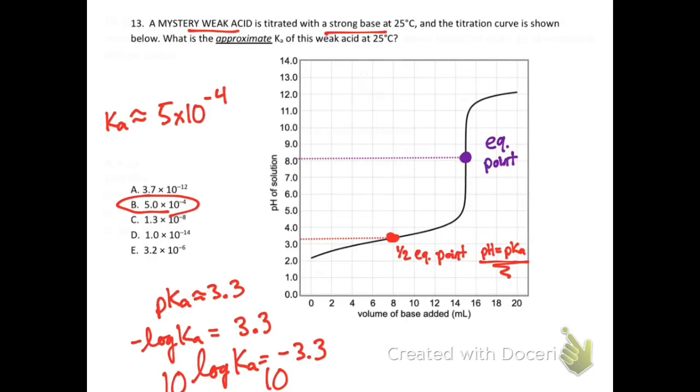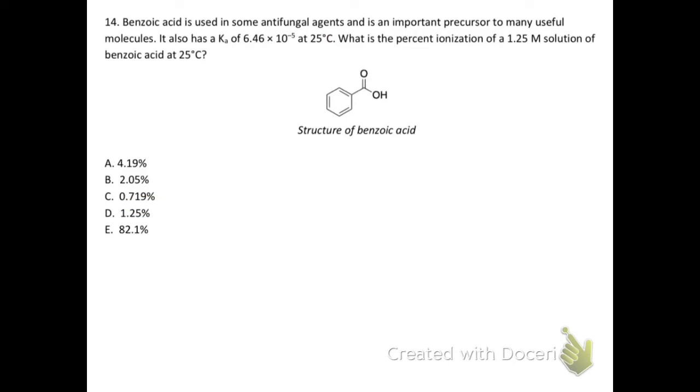Okay, in this problem, we're looking at benzoic acid. And we're not given explicitly the formula, but we're given a skeletal structure. So benzoic acid is C6H5COOH. It is a carboxylic acid. But pro tip, if you're given a skeletal structure of a weak acid and you don't feel like counting up the carbons and hydrogens, you can really just simplify your life by calling it HA.